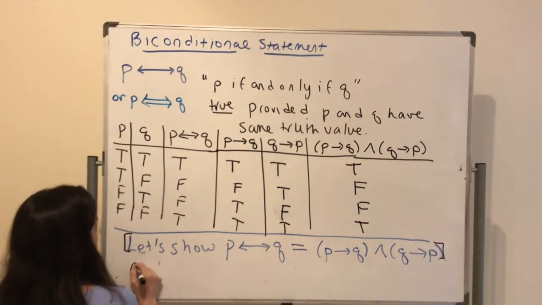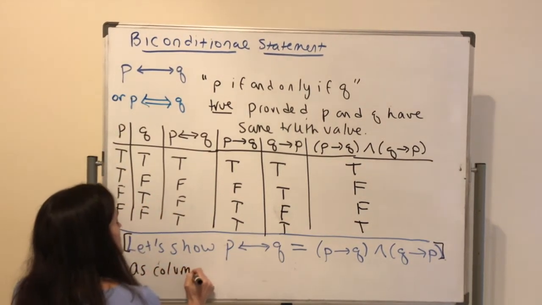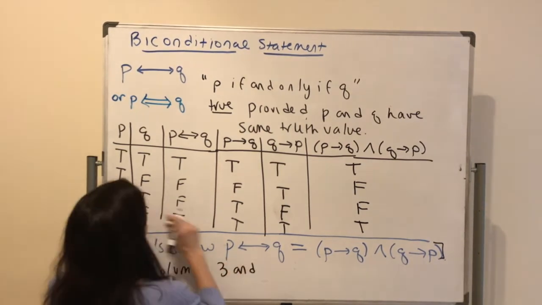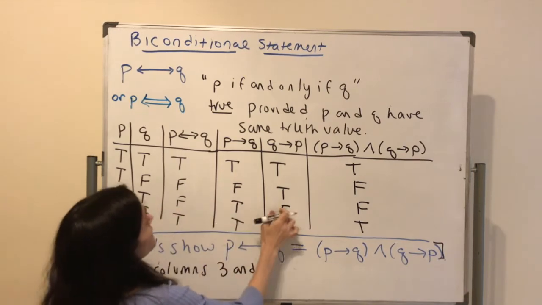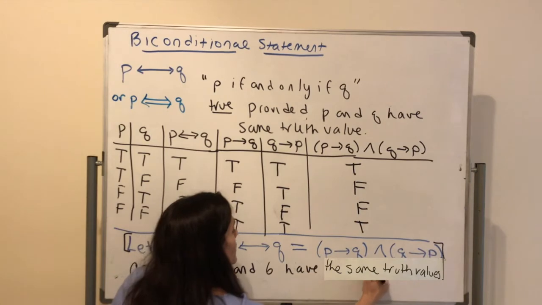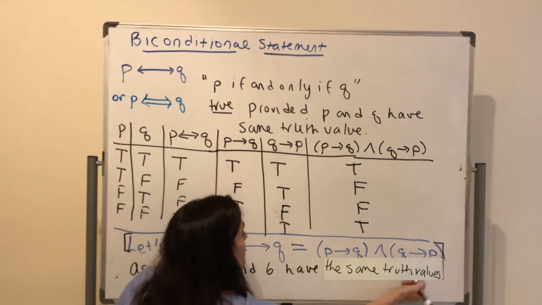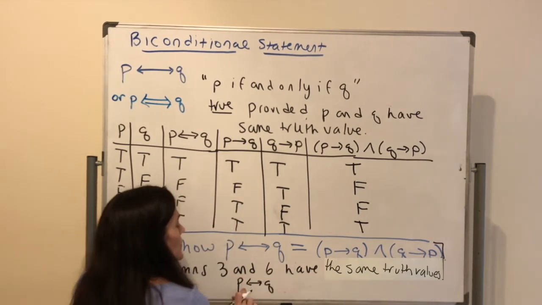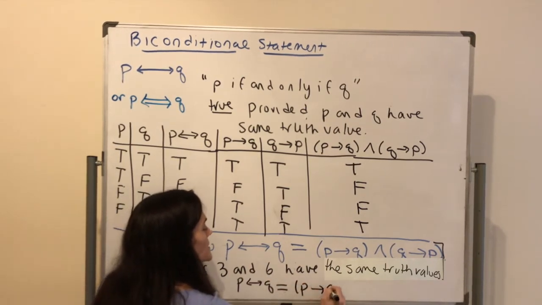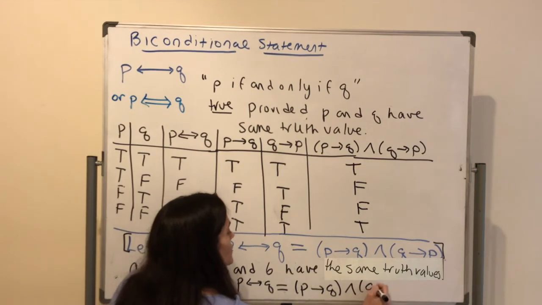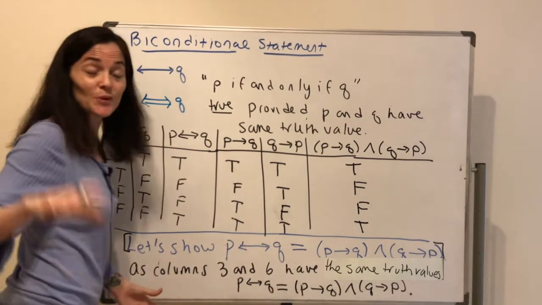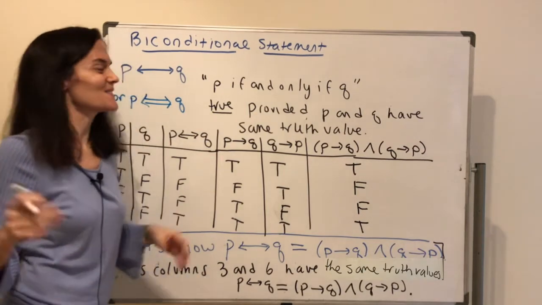As columns 1, 2, 3 and 6 have the same truth values, this holds. P if and only if Q is logically equivalent to P implies Q and Q implies P. And this is how a proof of logical equivalence goes.